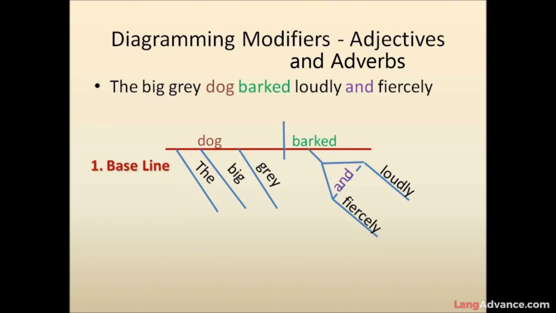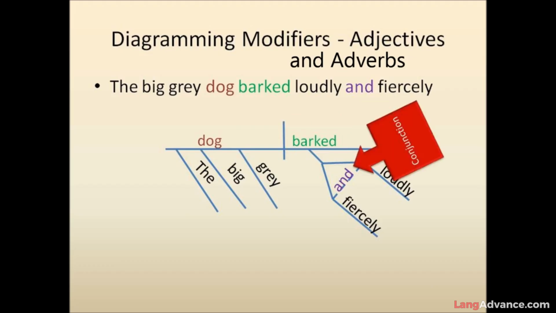You still start with a baseline. You then add your predicate line. Fill in your subject. Fill in your verb. And notice that you have a conjunction in the sentence, which means you have a compound adverb.